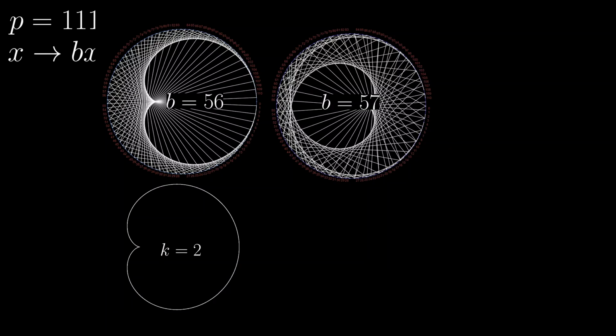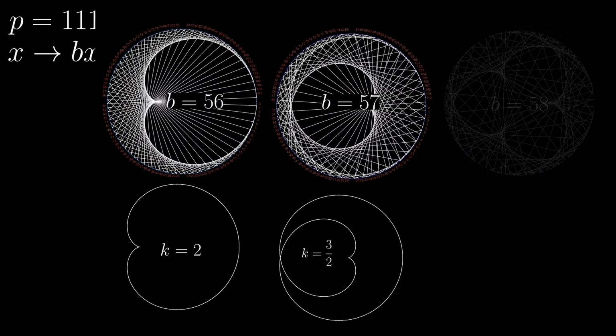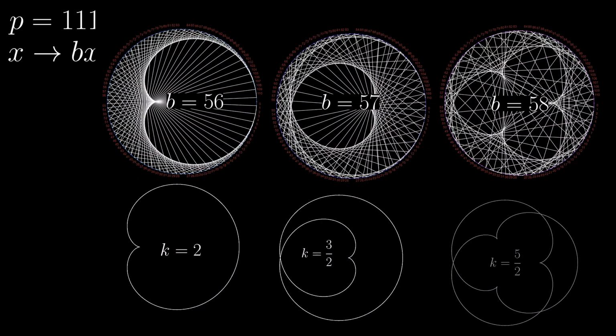But what's that? It turns out to be when k is a fraction, 1.5. Very interesting. How about 58? 2.5. How about 59? 3.5. How about 60? 4.5. It seems that there is a rule.